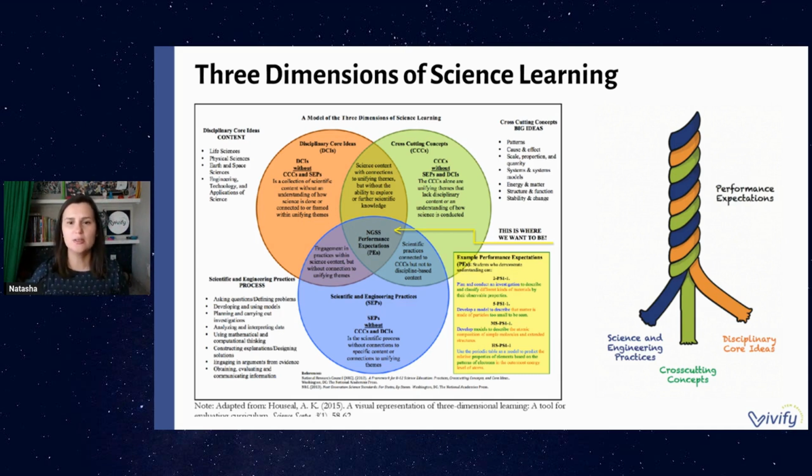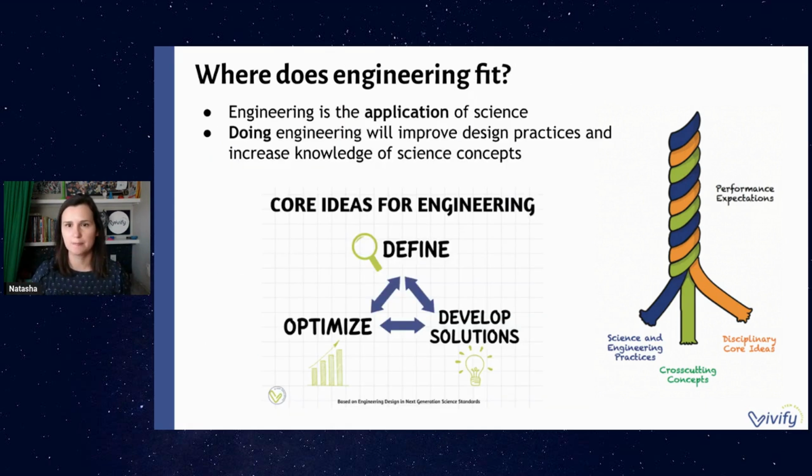It's a collection of science content, like forces in motion, talking about gravity and why things fall to the earth. And then we have cross-cutting patterns, which are bigger ideas like patterns and cause and effect. And then we have science and engineering practices, the doing of the science and the doing of engineering. And these are meant to all come together and help us promote science learning.